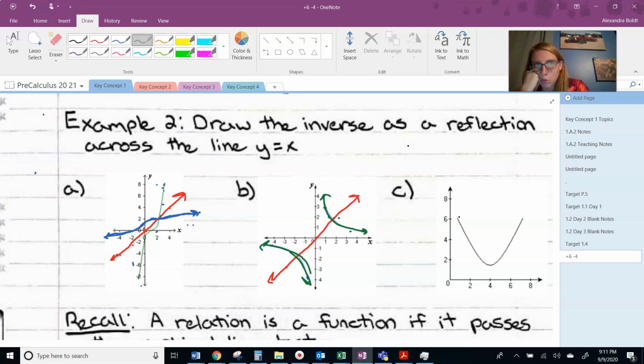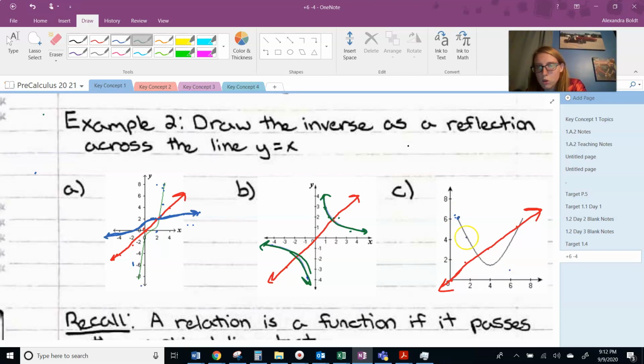Okay, let's do our last one. Again, we'll do this last one thinking of flipping those points. That might be easier to see. That's our line y equals x. So here's a point at about (1, 6). I'm going to flip it and go to (6, 1). So there's probably going to be a point there.